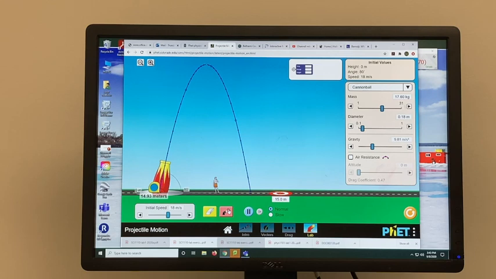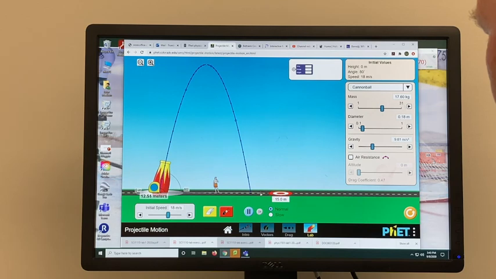So if you want to do this, again, this is part of the other lab. In this case, the range, you can figure out how far it actually goes, is approximately 11.3 meters. Now in the example I did, I had it at 15 degrees. I'm not sure I can get it down to 15.